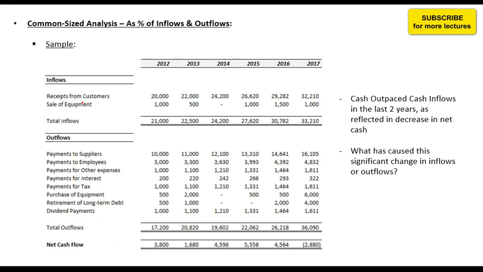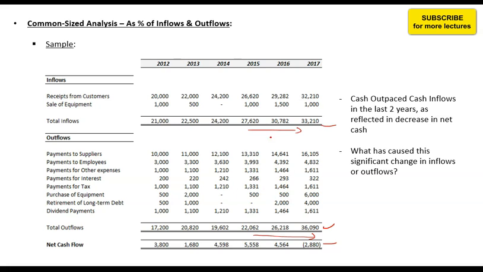So here is a sample cash flow statement. These are inflows and these are your outflows and this is your net cash flow. If I look into it, on the face of it, it looks like cash outflows have outpaced the cash inflows. That is, cash outflows have increased at a greater rate compared to inflows, which means there is a gap or there is a cash burn.